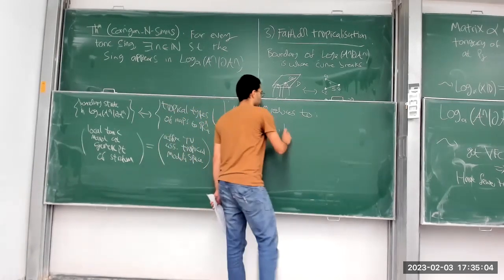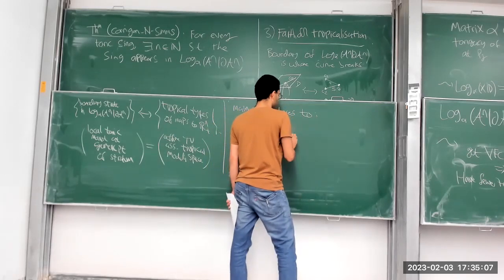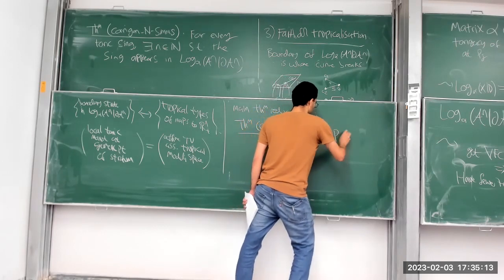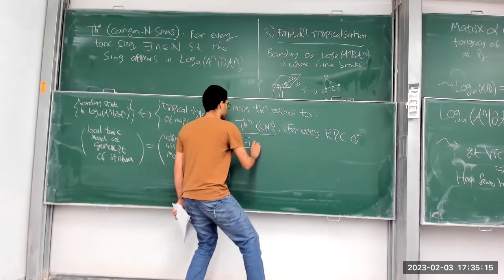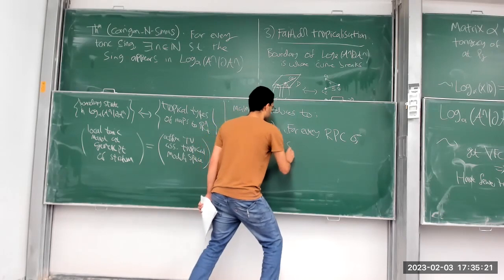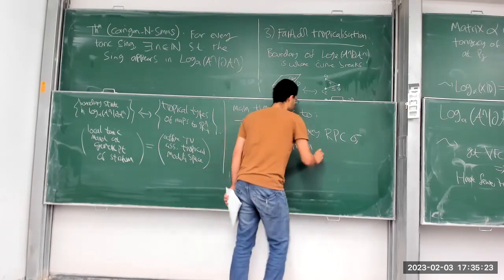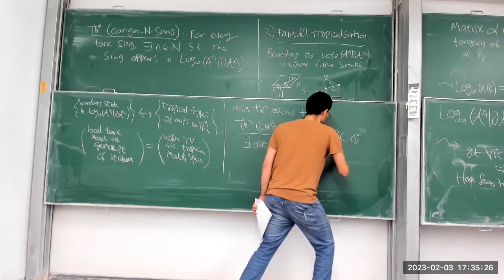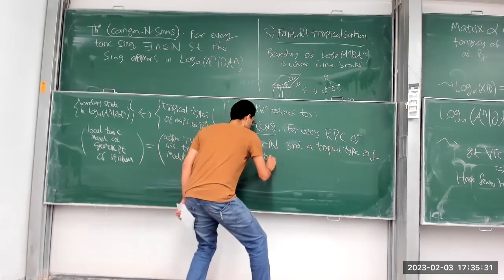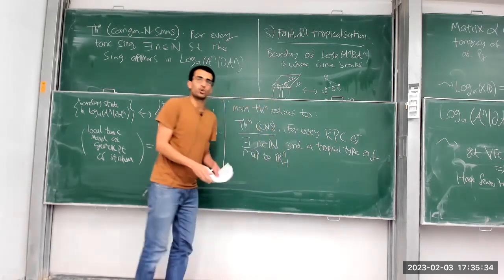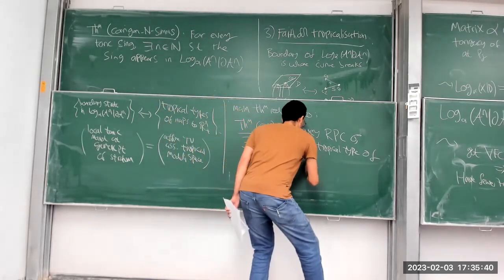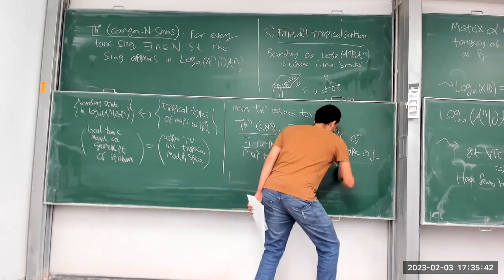The theorem says that for every strictly convex rational polyhedral cone sigma, there exists an n in the natural numbers, and a tropical type mapped to R^n positive, such that the moduli space associated with this tropical type is isomorphic to sigma.